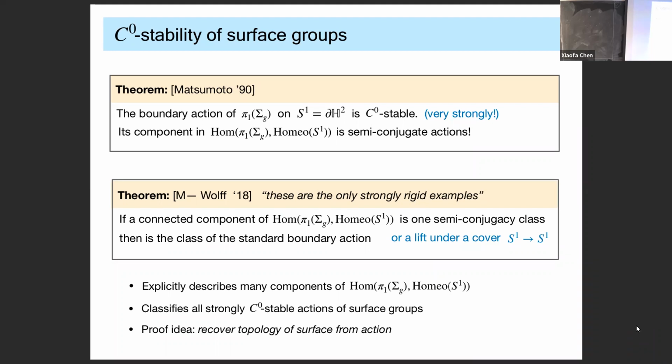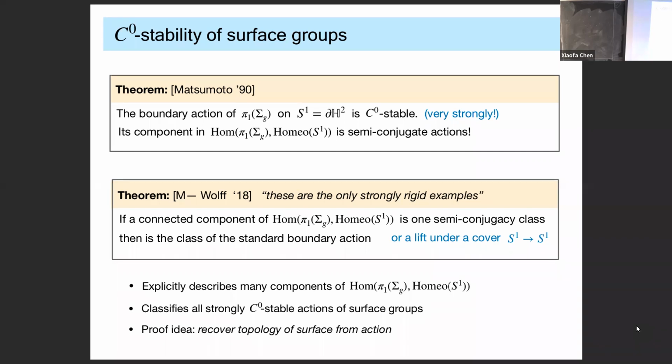And in joint work with Maxime Wolf, we showed that there was almost a converse to this theorem. Namely, these boundary actions are the only rigid examples of surface groups acting on the circle.